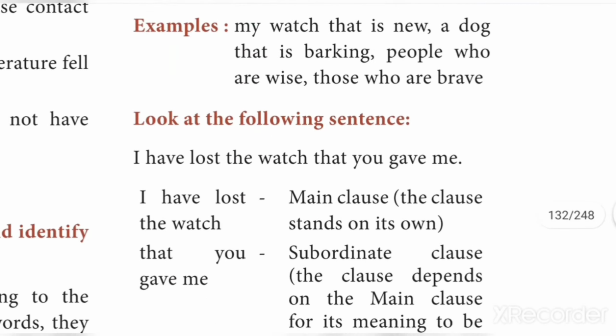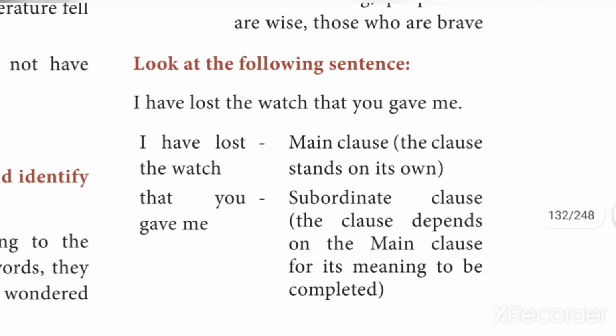Moving on, we have a sentence and we have to look at it, analyze it. I have lost the watch that you gave me. Here, I have lost the watch. This part is called main clause, that is, the clause stands on its own.